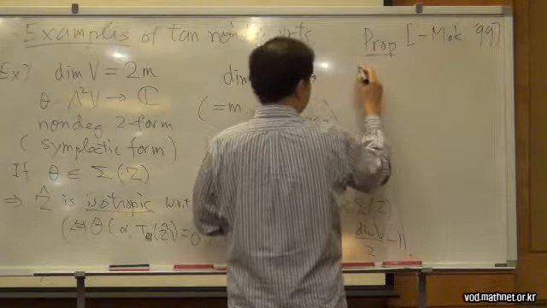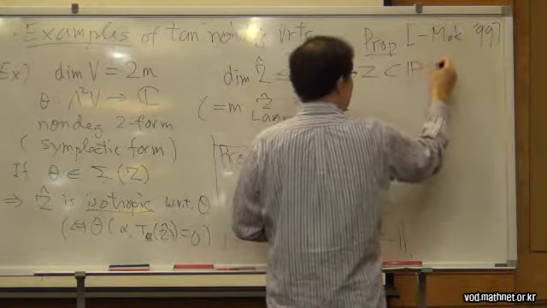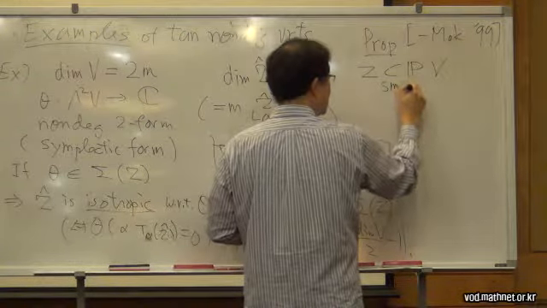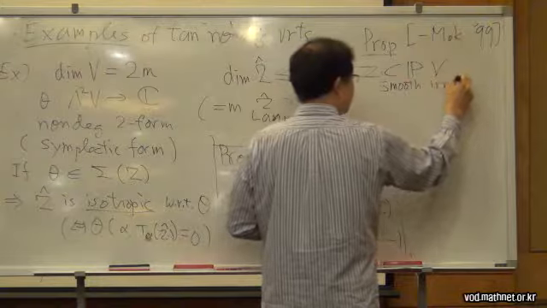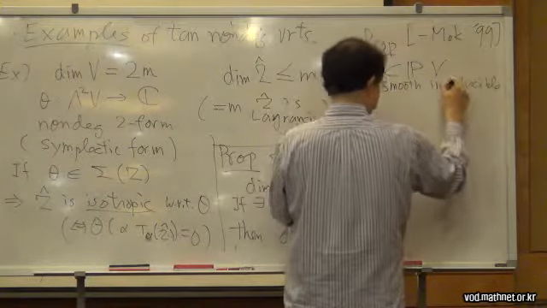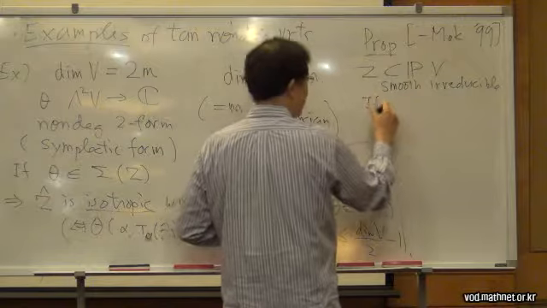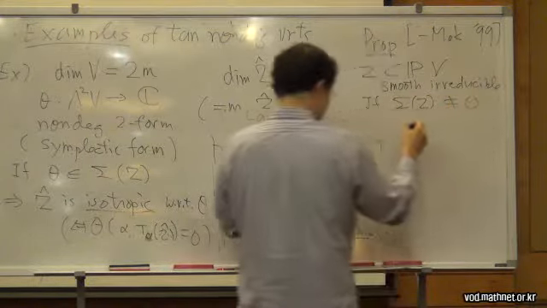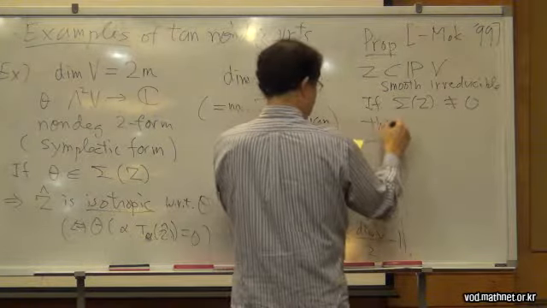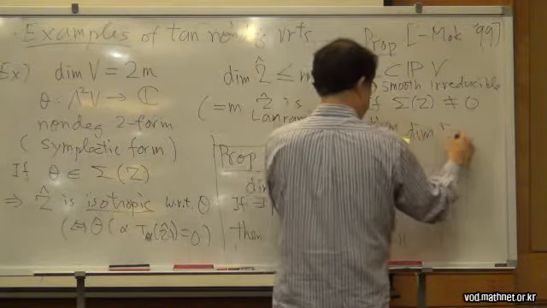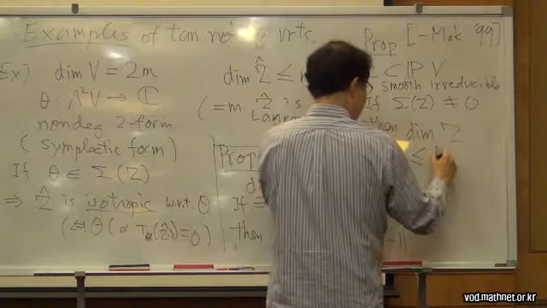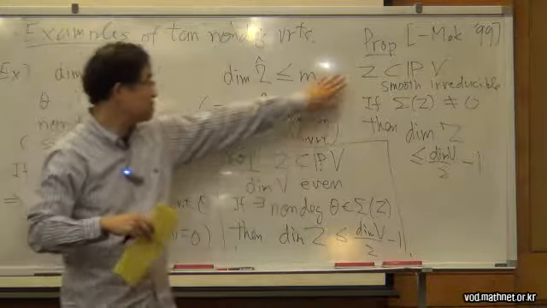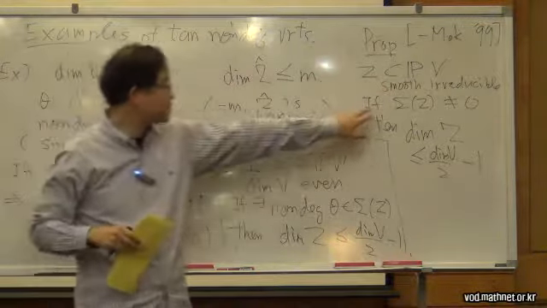This says that, given any Z, now with no restriction on dimension, and now assumed smooth and irreducible, if sigma Z is non-zero, then the dimension of Z is less than or equal to this. So the same bound holds as long as Z is smooth, without any other assumption, as long as this is non-zero.